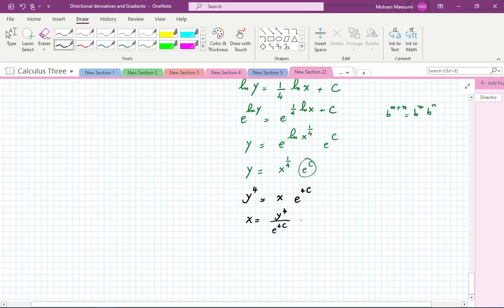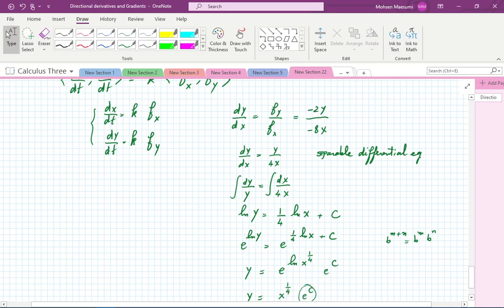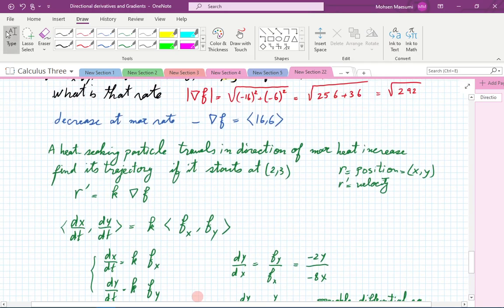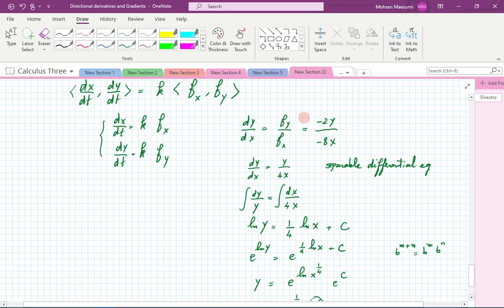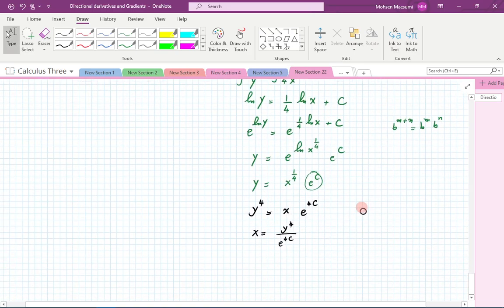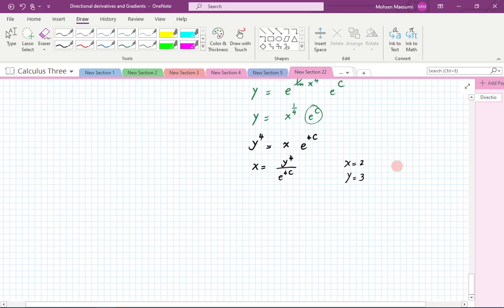You can write the equation in a number of ways. Now what is the c? Well, you adjust this to your starting value. Starting value is the starting location at which we start the journey. Our starting value was 2 and 3, so x is equal to 2, y is equal to 3.